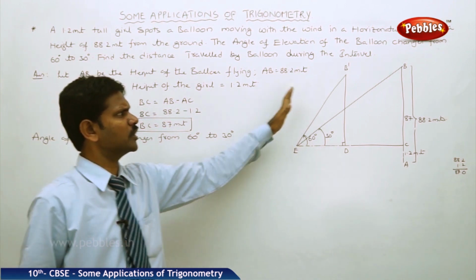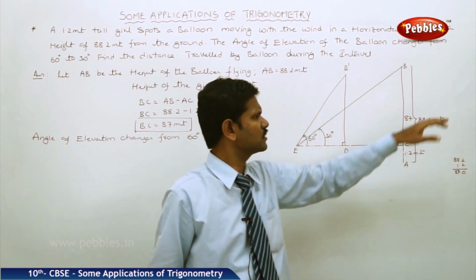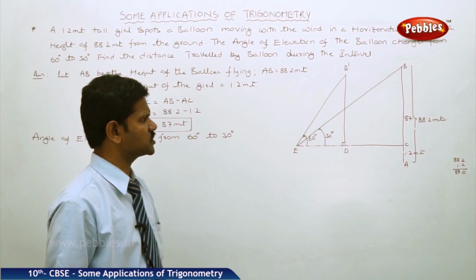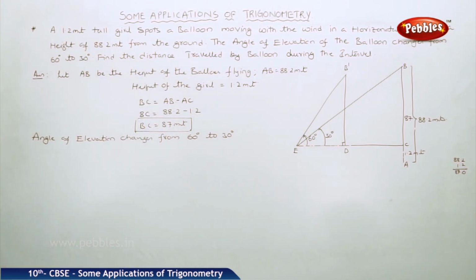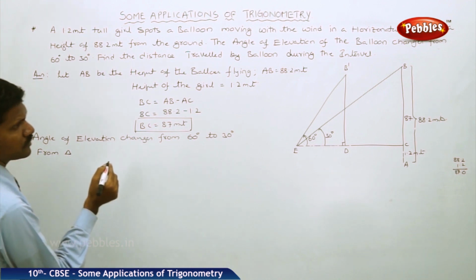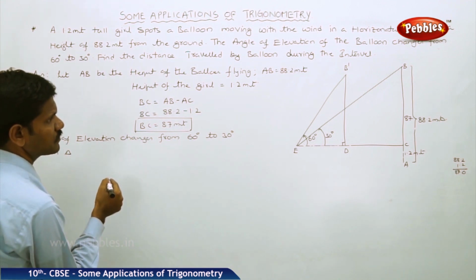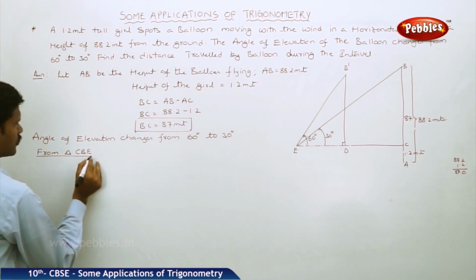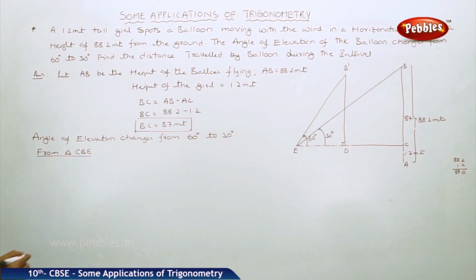Because of the wind, the balloon moved from B dash to B. Then the angle of elevation changes from 60 degrees to 30 degrees. Now from triangle CBE, consider the triangle CBE.